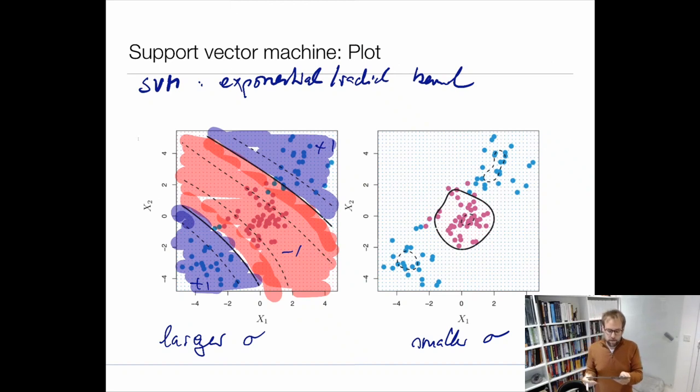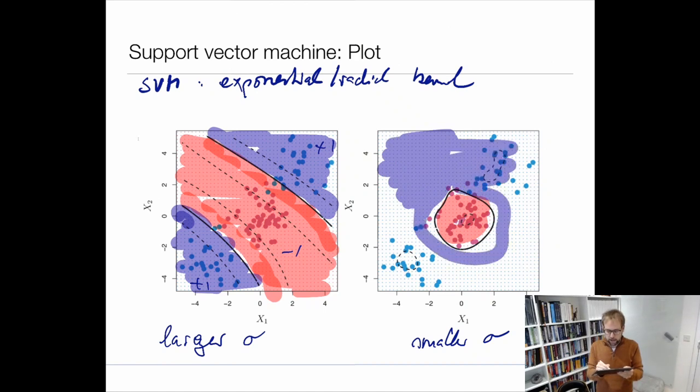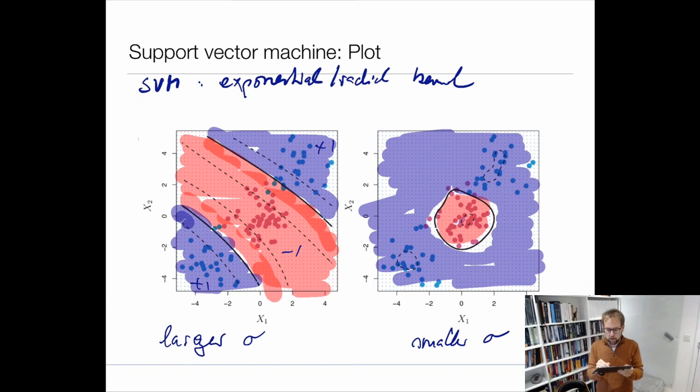And here it's effectively the same, only now I would classify everything inside here as -1, and everything outside here as +1, where the decision boundary is just this area which separates the two regions. So this is really how the support vector machine works.